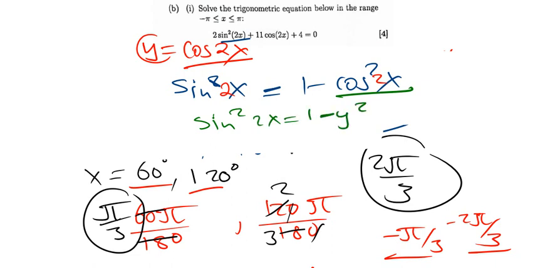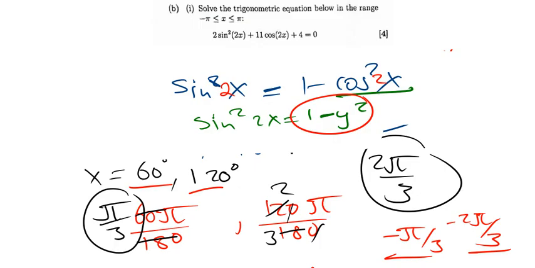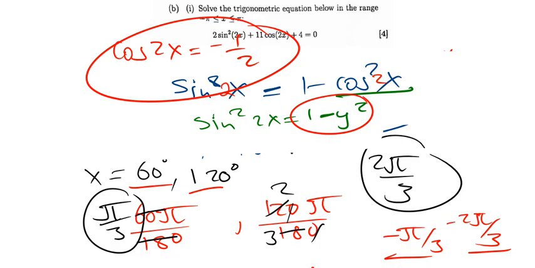And then we put a y there, and plugged in this part where we've got sine squared of 2x. And that's how we came up with a quadratic equation that helped us find the value of y. And then we got one value of y, which was negative half, and we had to equate it to the cosine of 2x. And then we solved this as a basic, simple trigonometric equation, which has given us these four possible answers because of negative pi to pi.